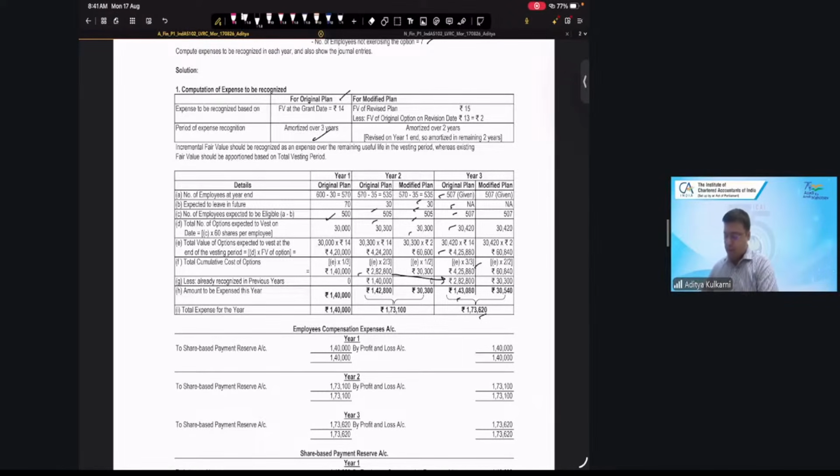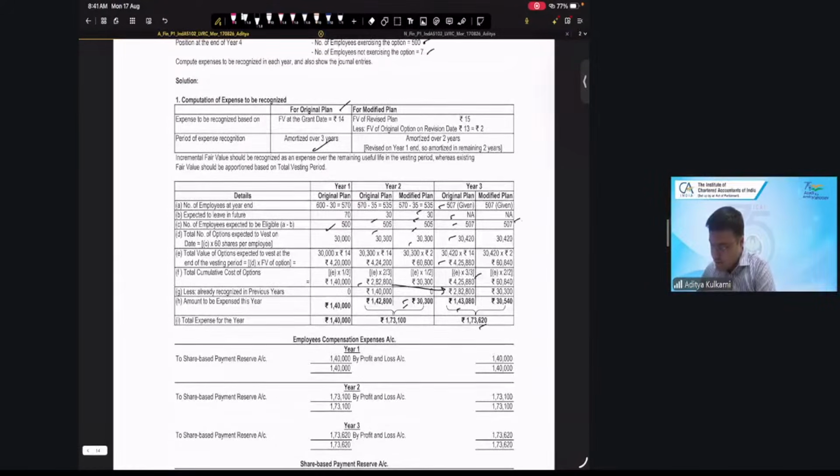Cumulative cost 30,300 for the second year, first year of modification. Second year of modification 507, 30,420 into 2, and total cumulative cost 60,840. So 30,300, 30,540. All of this put together gives you your expense for the third year. Original value continues as it is. Modified plan is what undergoes a change.